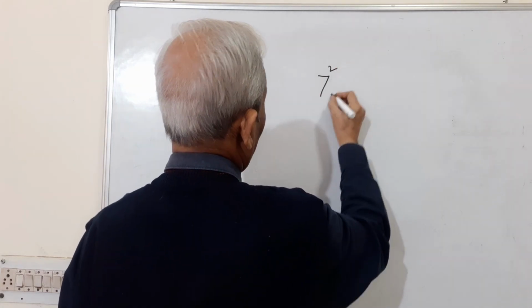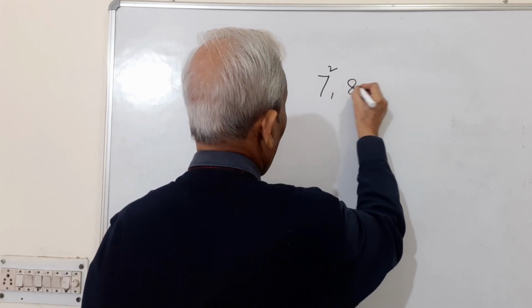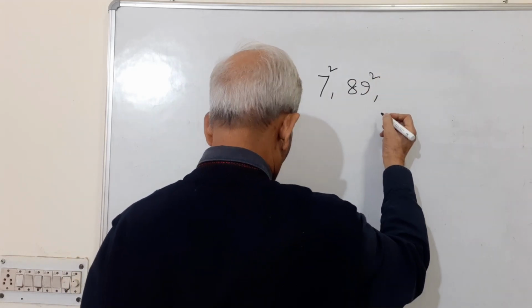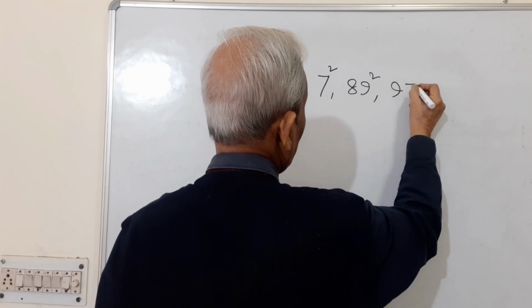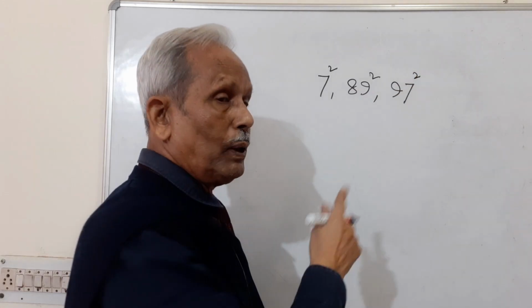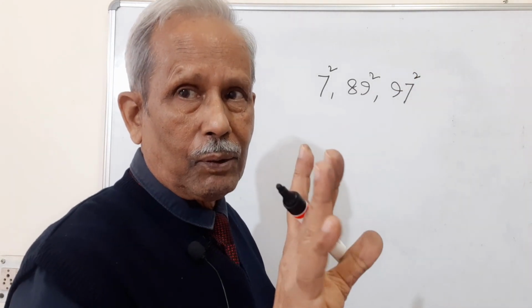Square of 7, 89 square. Find out 97 square. Of course, it is understood you have to do it by this method. No other method, no multiplication.